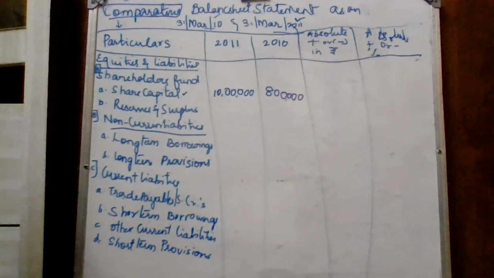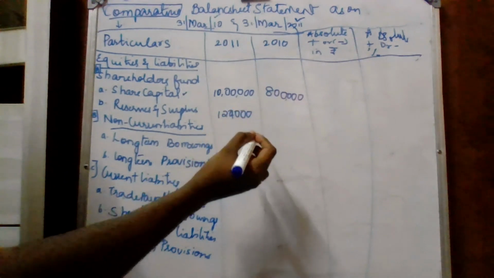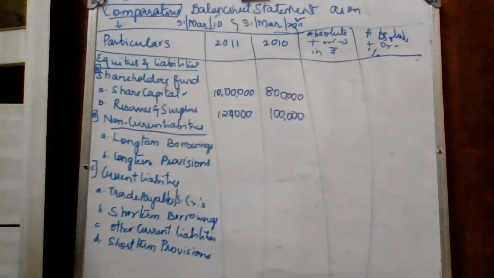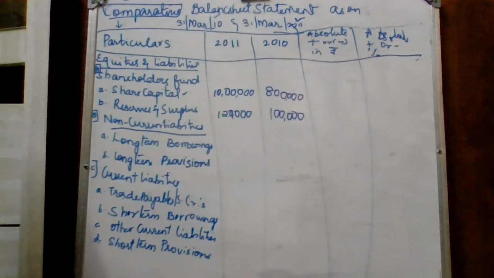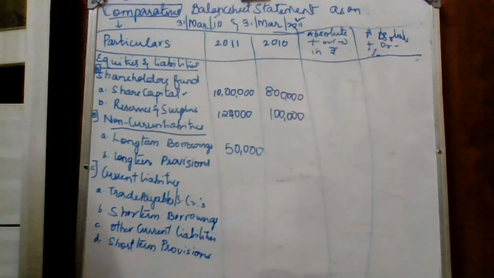We have reserves and surplus, which as given in the question is 1 lakh 20,000 and 1 lakh. Next, they have given secured loan and unsecured loan. Since nothing is mentioned, you club those two under long-term borrowings. So secured loans and unsecured loans together in 2011, 40 plus 10, is 50,000. And 30 plus 20 is 50,000 again.